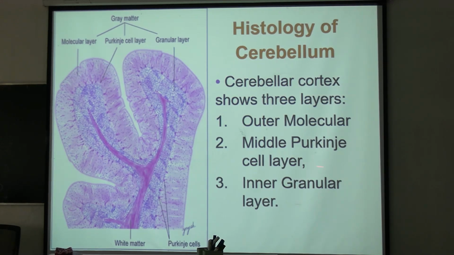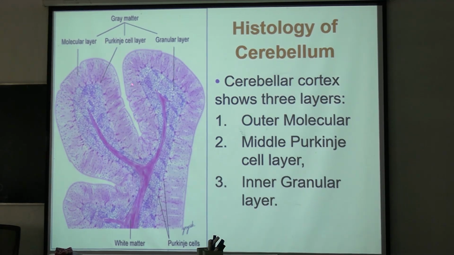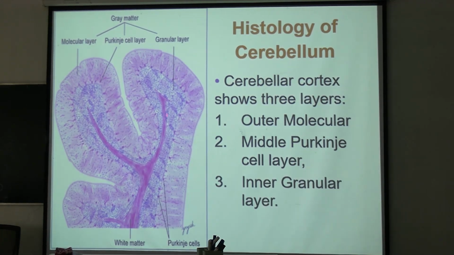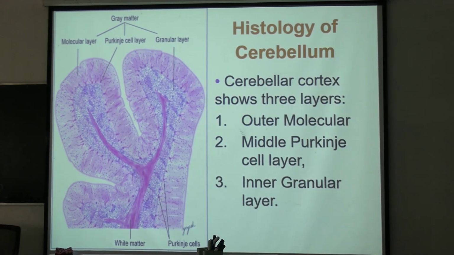These violet dots form the inner granular layer. And this is white matter. These three layers together form the cortex, and here is the medulla, which is formed by the white matter.